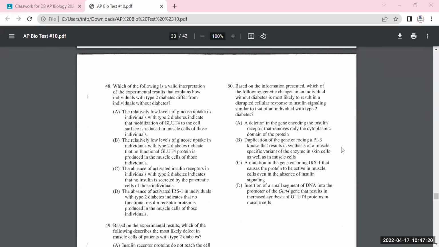Okay, 50. Based on the information presented, which of the following genetic changes in an individual without diabetes is most likely to result in disrupted cellular response to insulin signaling similar to that of an individual with type 2 diabetes? Okay.